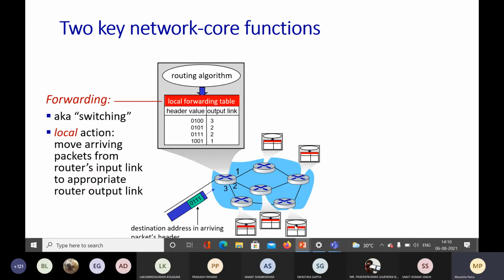Suppose this one, the last one, is the ultimate destination. If you have to transfer your packet to this last destination, the next decision to be made at the router is which port the packet should be forwarded to right now.